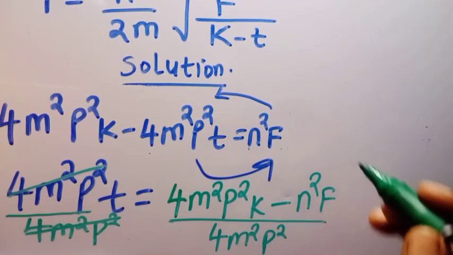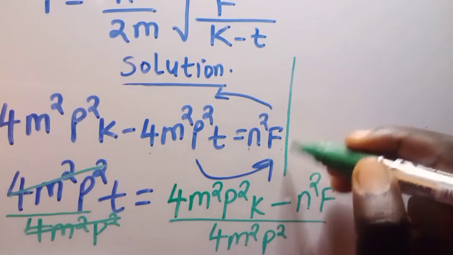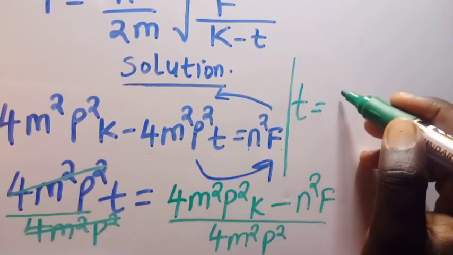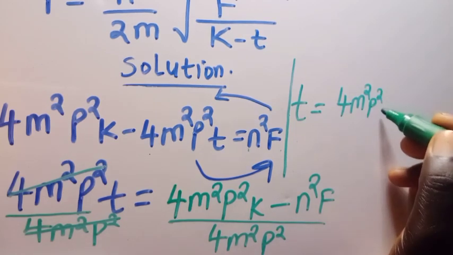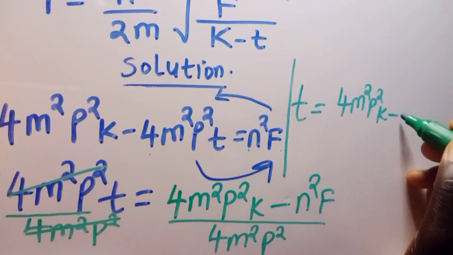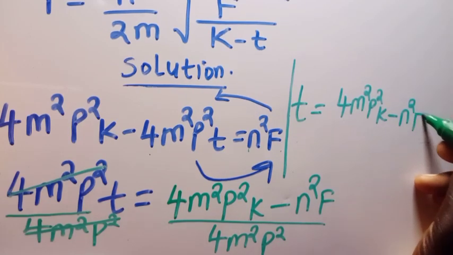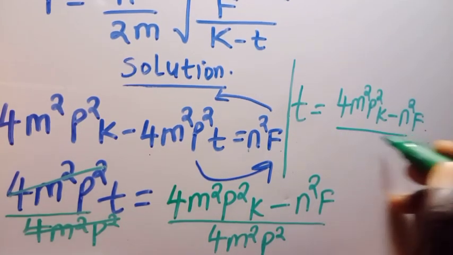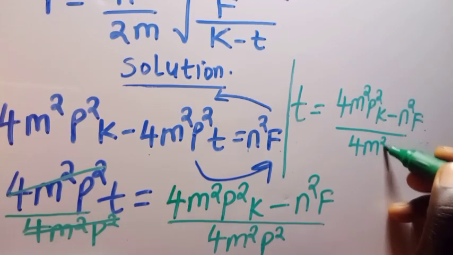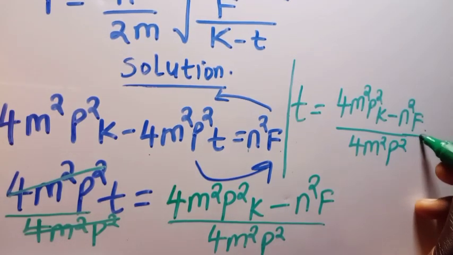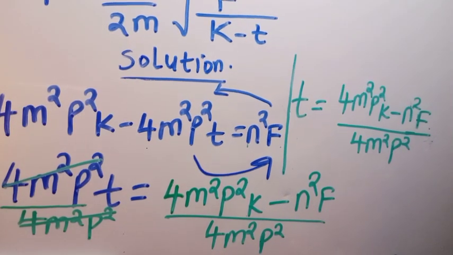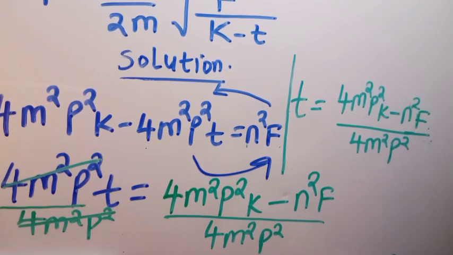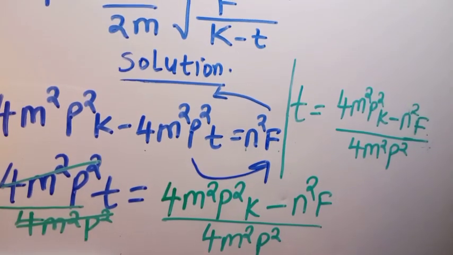And therefore, our t will now be 4m squared p squared k minus n squared f, all over 4m squared p squared. And at that point, we have made our t the subject. We have rewritten our equation so that t becomes the subject.